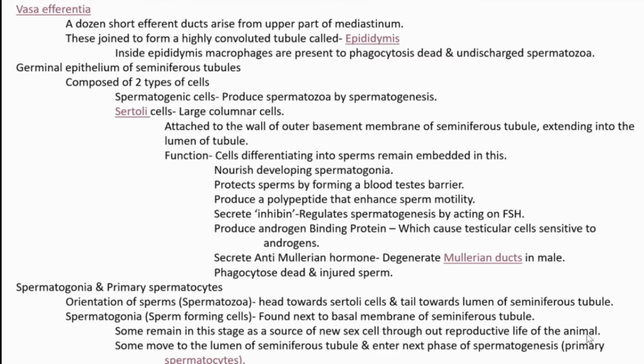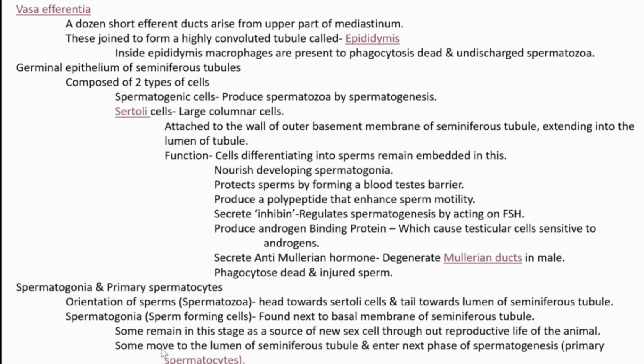Certain cells remain as spermatogonia till the end of the reproductive life, which is important because the reproductive period comes to an end by a certain age.